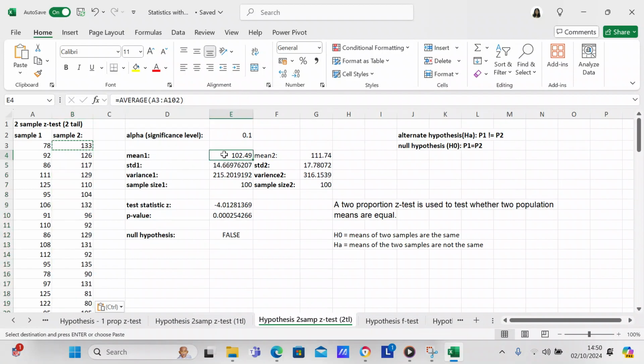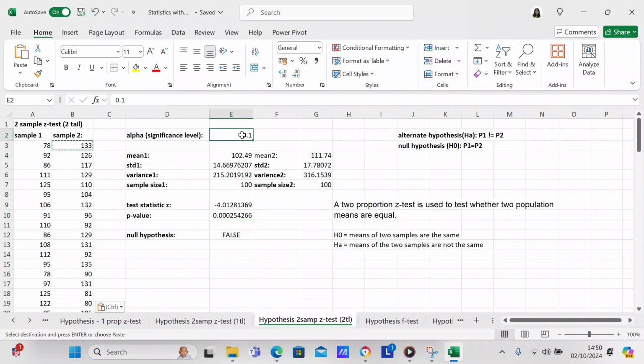So here in sample 1 you've got a mean of 102.49, in sample 2 you've got a mean of 111.74, and you have a very low p-value because the means are significantly different.